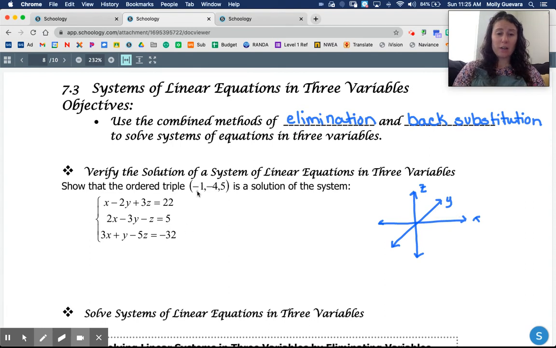So when we write it, our first value is x, our second value is y, and our third value is z. So we still go in numerical order. So like -1, -1, and then down to -4. Sorry, -1, -4, and then up 5. So it's actually up here somewhere, which is really hard to see, right?